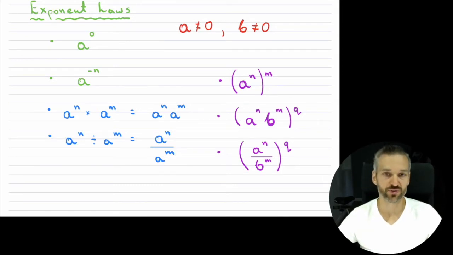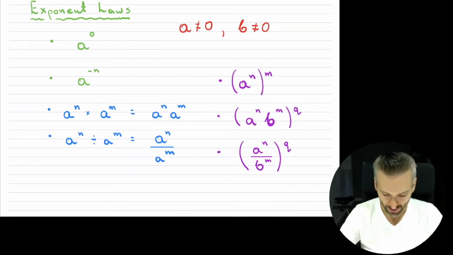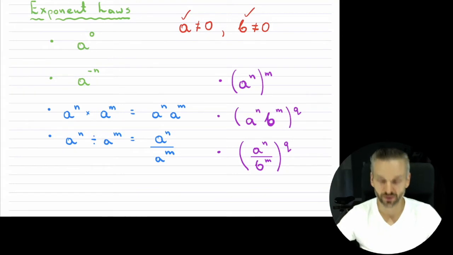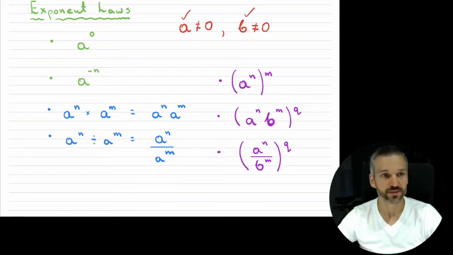So these are just two numbers, A and B, and you can think of them as numbers, and I will use numbers to show you these rules. When they're not equal to 0, we can create these nice laws. With those technicalities with a 0, we'll try not to worry at the moment.